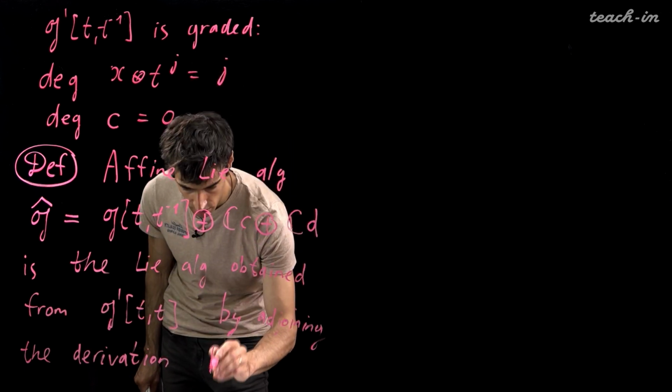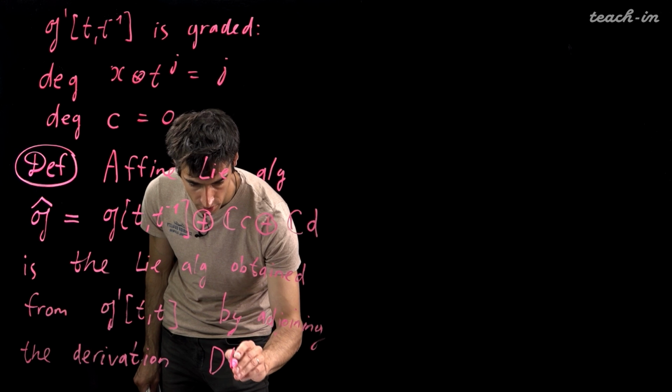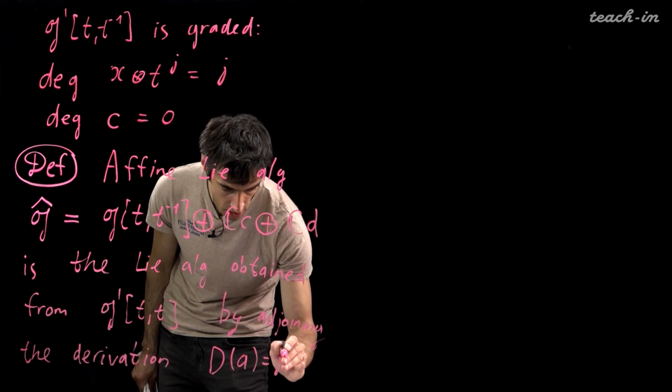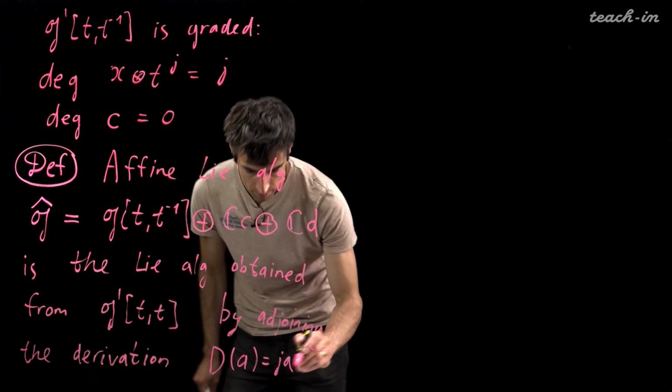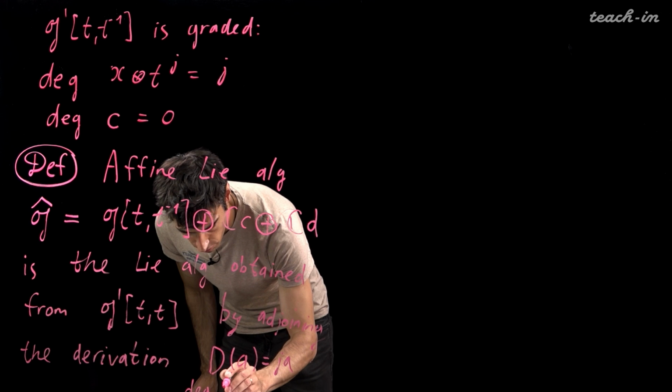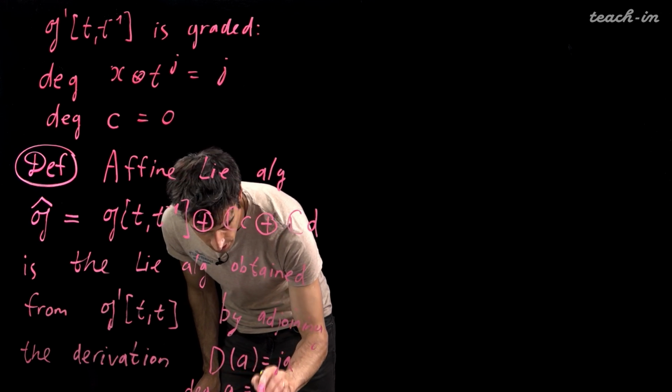So d of a equals j a, where the degree of a is j.